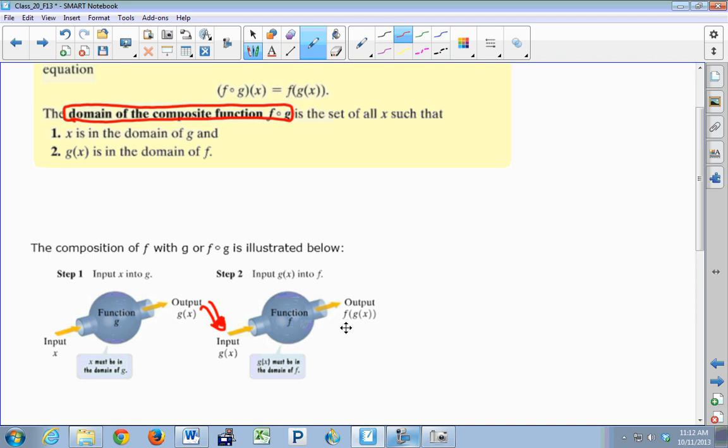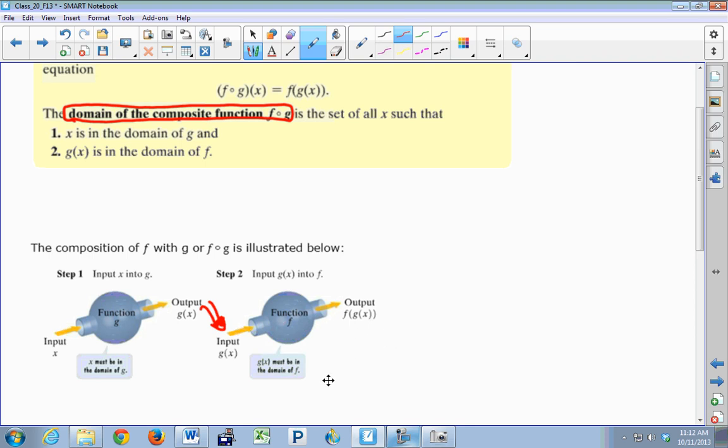So not only do you have to worry about the domain of G, you have to say, what does the range of G look like? It's called G of X. That's going to be the domain or the input for F. So G of X must also be in the domain of F. So you've got a little bit of work to figure out domains for composite functions.